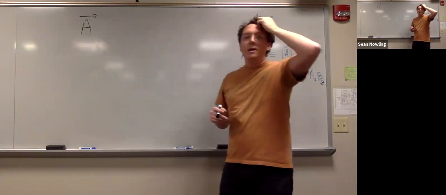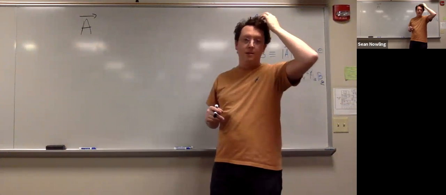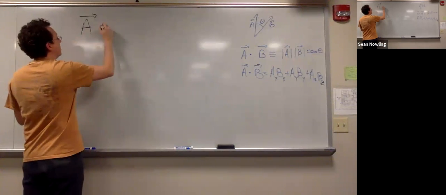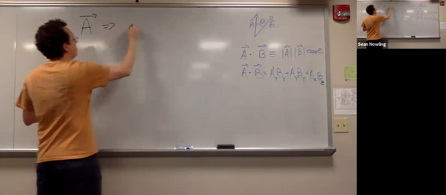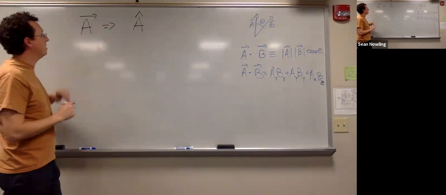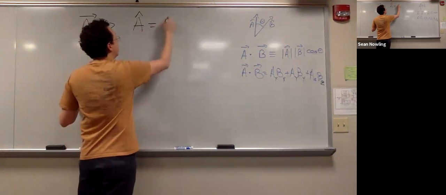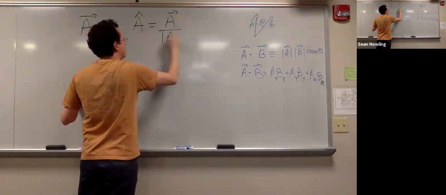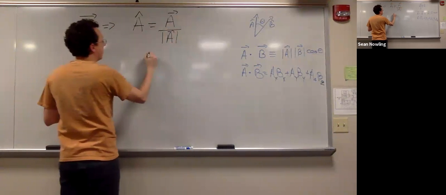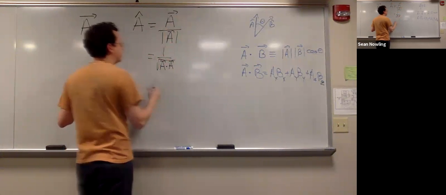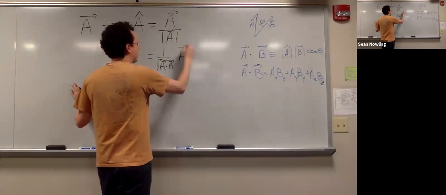One of the convenient ways to spell that out is you can always take a vector and turn it into a unit vector, A hat. This is a unit vector which points parallel to A, and it simply equals the original vector divided by its magnitude, or using dot products now, we can write this as 1 over the square root of the dot product of A with itself times the vector A.